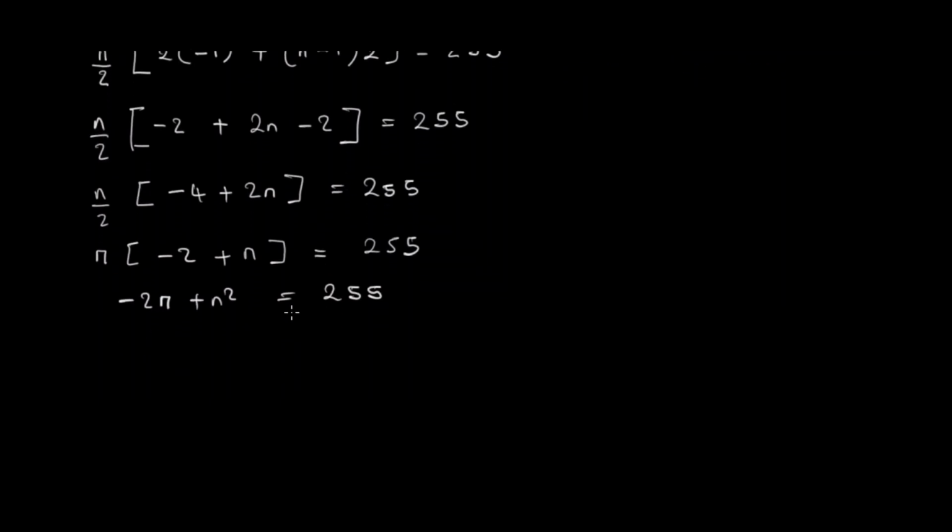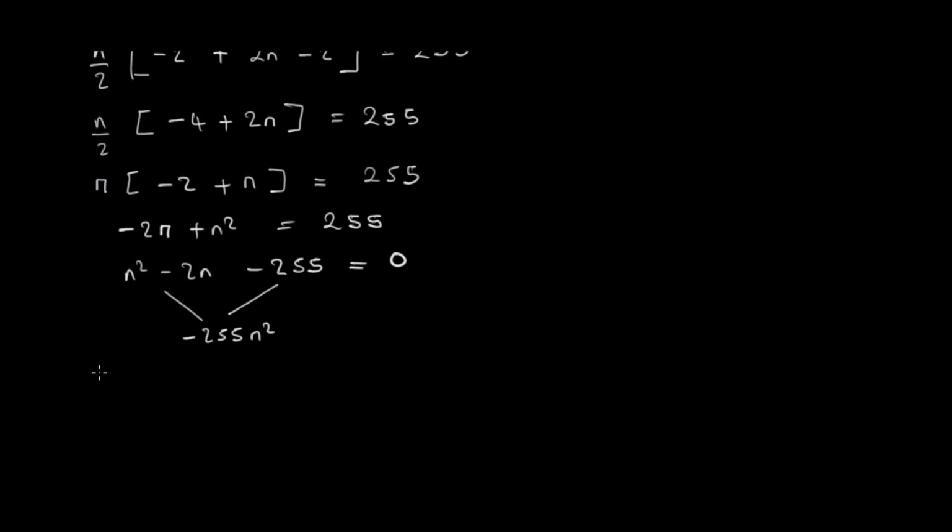Then panapa yatova quadratic, n squared minus 2n minus 255 is equal to 0. We multiply the first and last terms to get minus 255n squared. What are the factors of minus 255n squared? Are not per minus 2n when added. Then when multiplied are not per minus 255n squared.